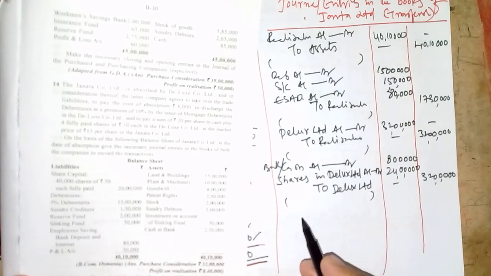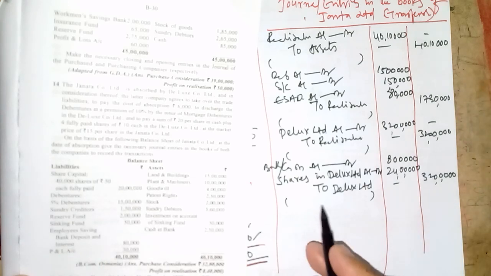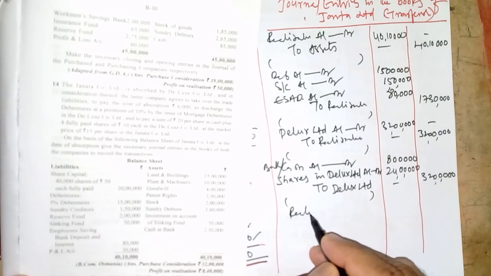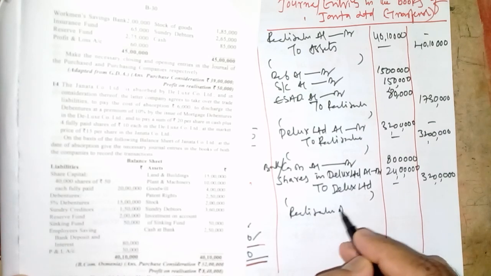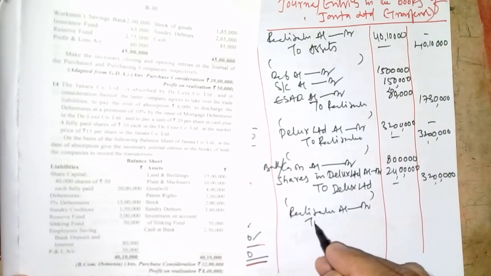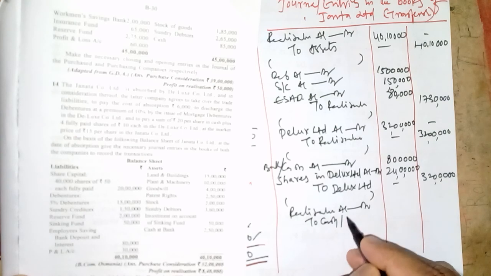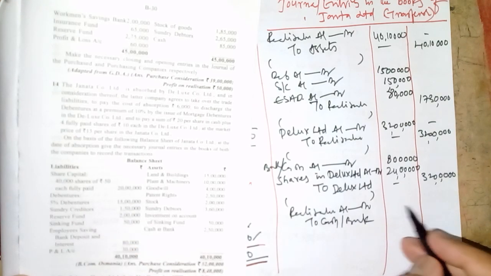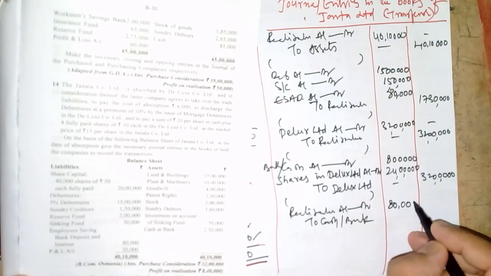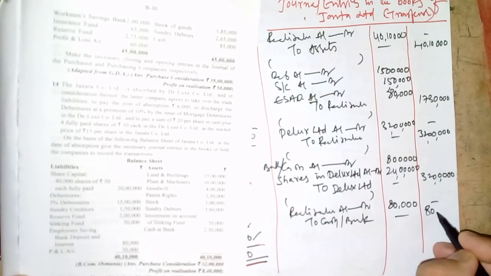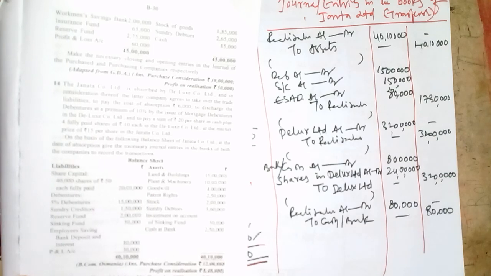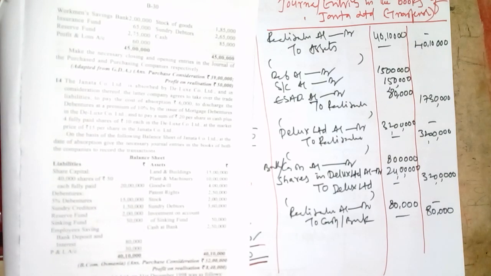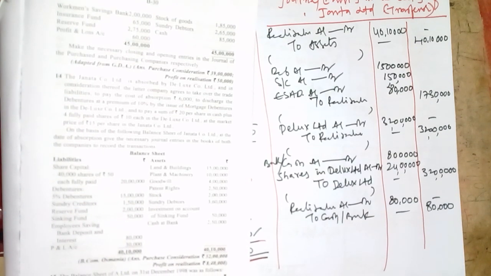So the entry would be, now this employee savings account in which account? In realization account. So the payment entry would be realization account debit to cash or bank. How much? No amount is given, therefore directly the same amount will be given, that is 80,000 will be paid off. So like this we will pay off the liability which is not taken over by the transferee. So sale of asset, we don't have any, all the assets are taken over.